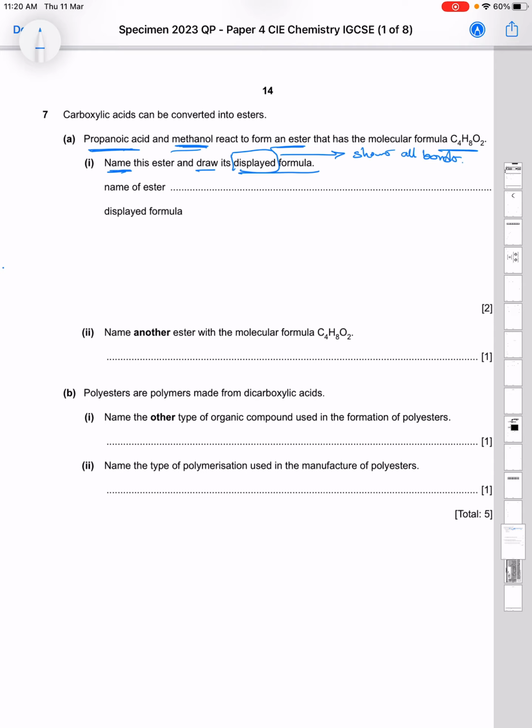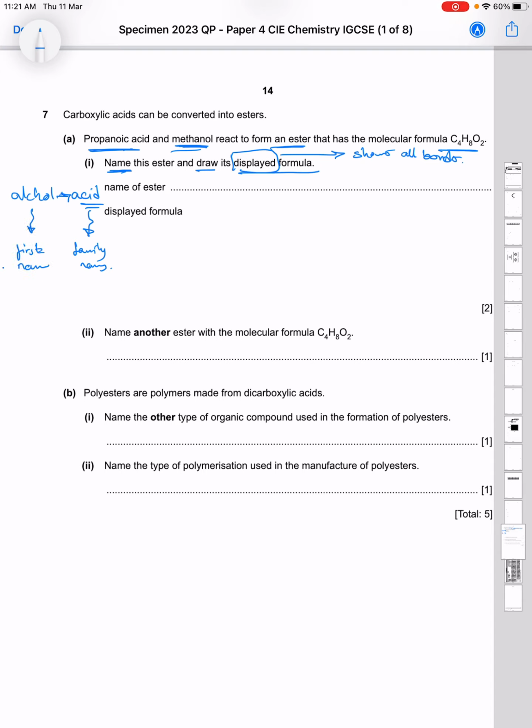I always start naming the ester with the name of the alcohol, then the acid. The acid part is like a family name, and the alcohol is like the first name.